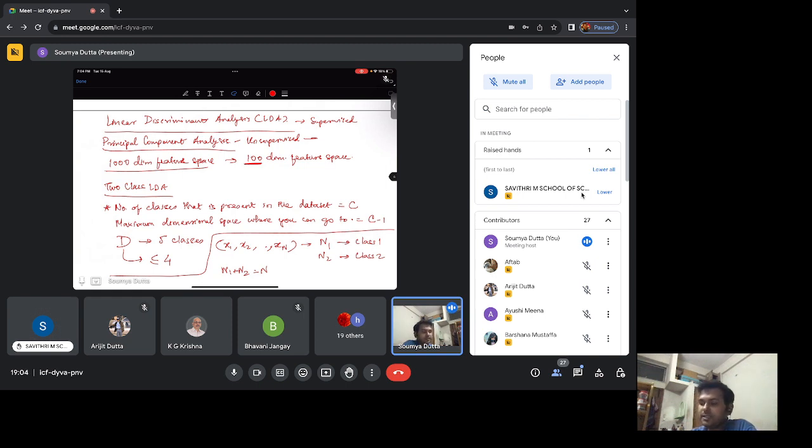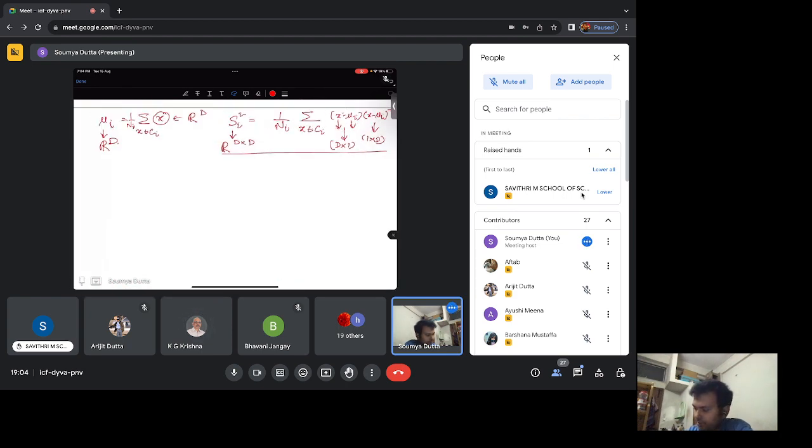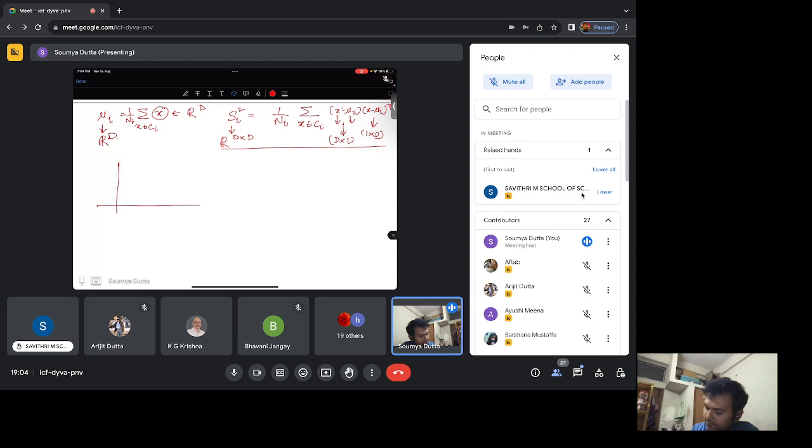Clustering means you have been given points, a class of points here, and a class of points there. Of course this looks very simple because it is in 2 dimensions.